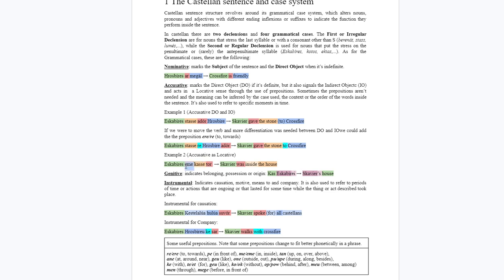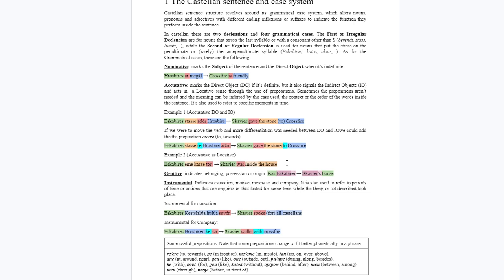But here, to be more precise, we also use a preposition like we would do in English, in or inside, me casse, inside the house, and the verb at the end.